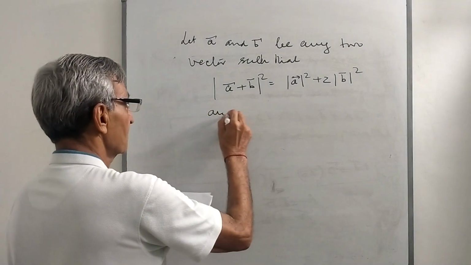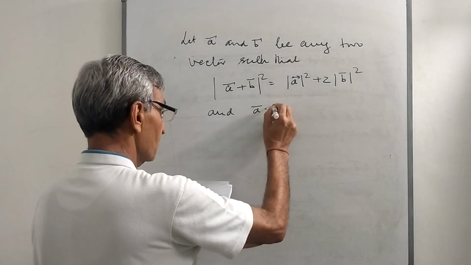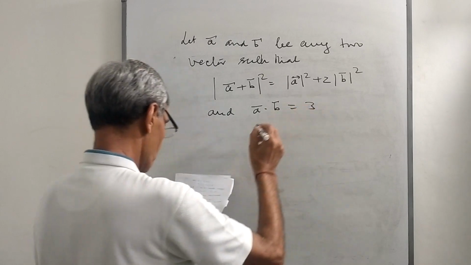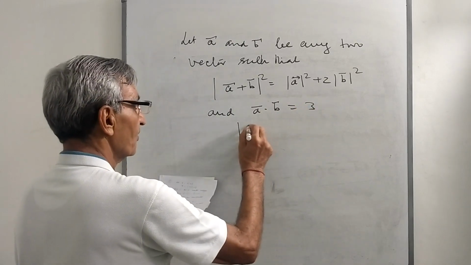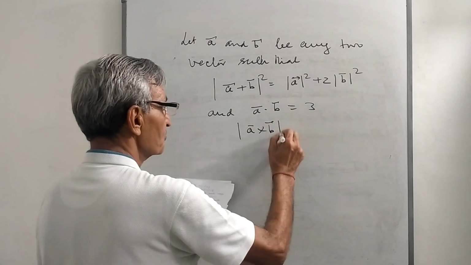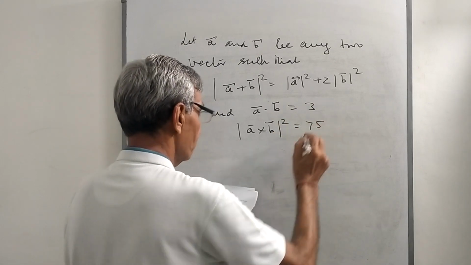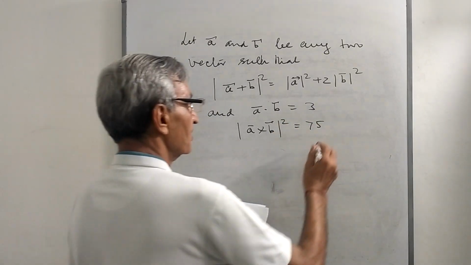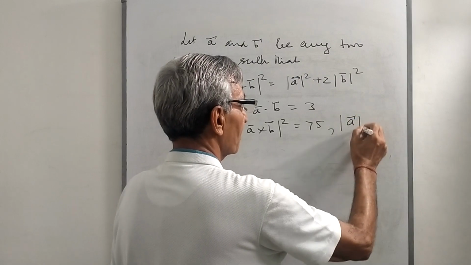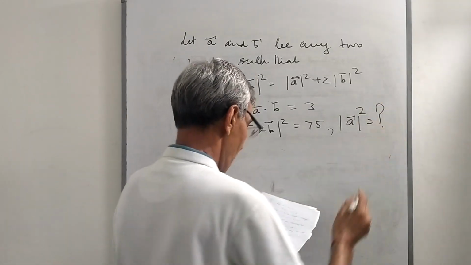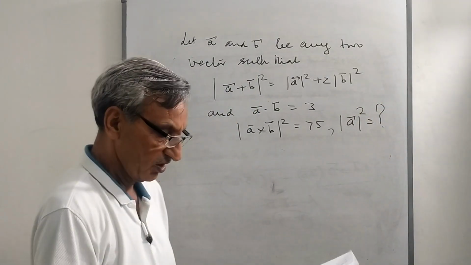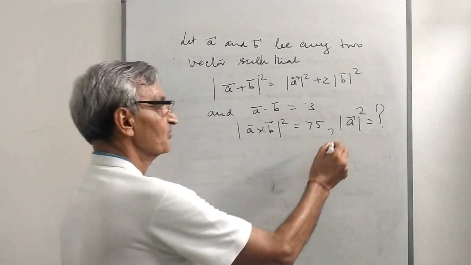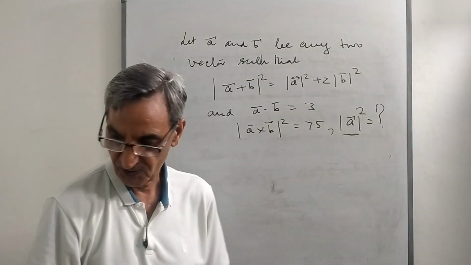Second, A dot B is equal to 3 and magnitude of A cross B square is equal to 75. Then what is the magnitude of A square? That is my question, and the answer is somewhere 14. Prove this is equal to 14.